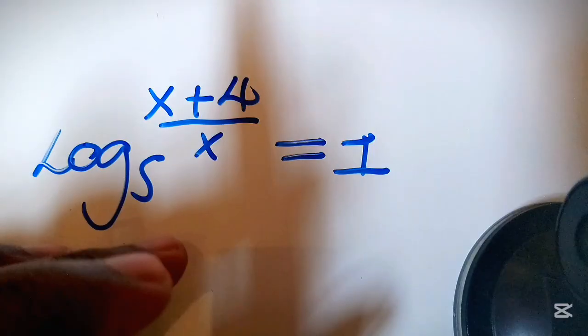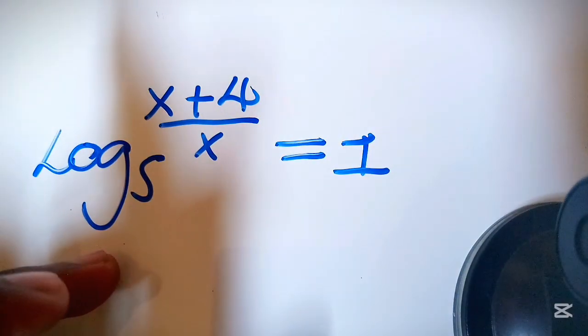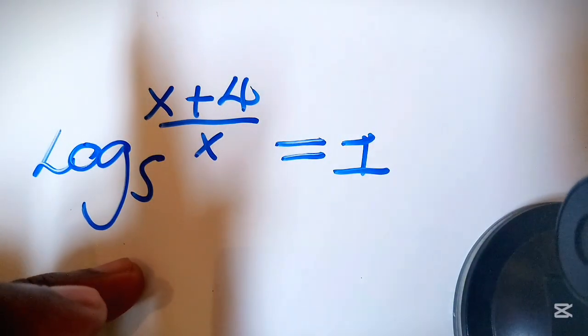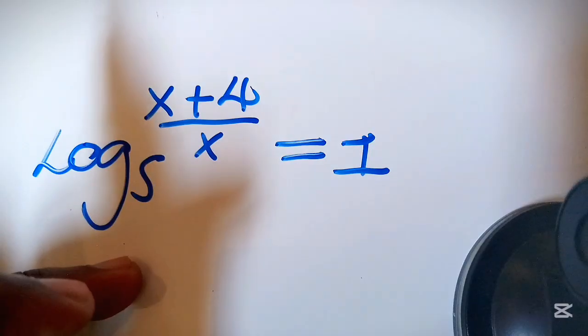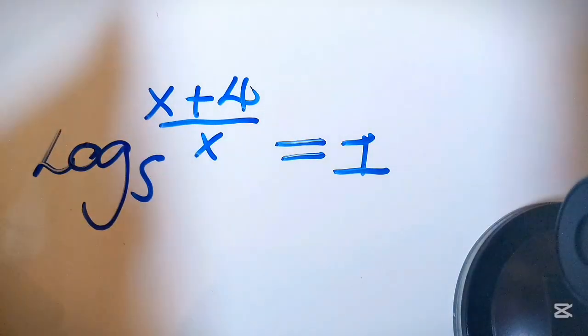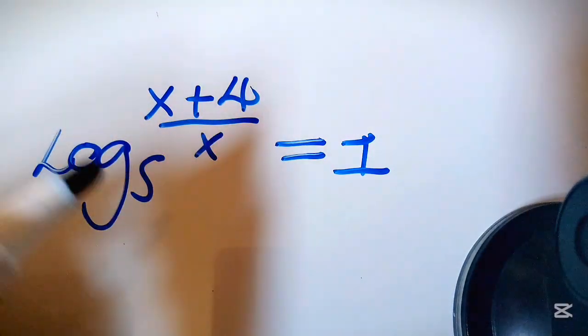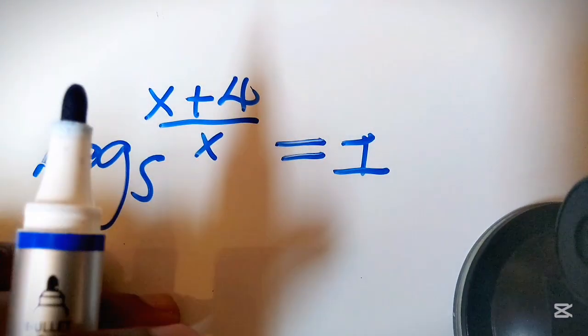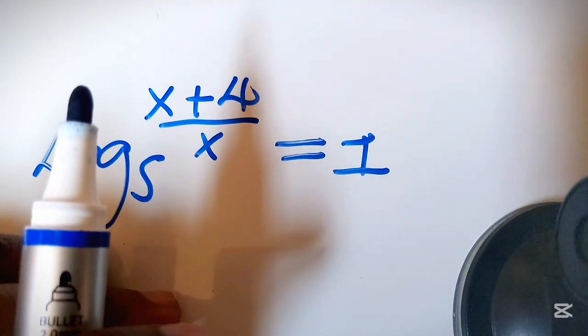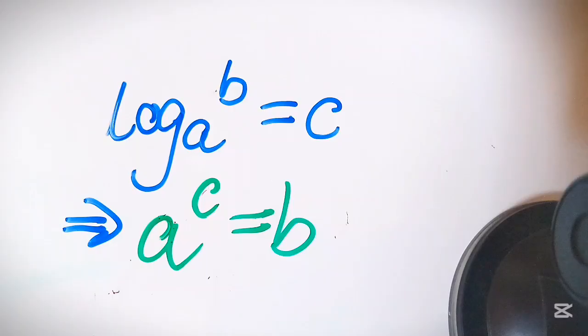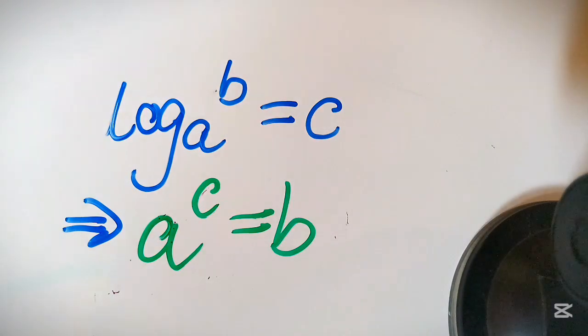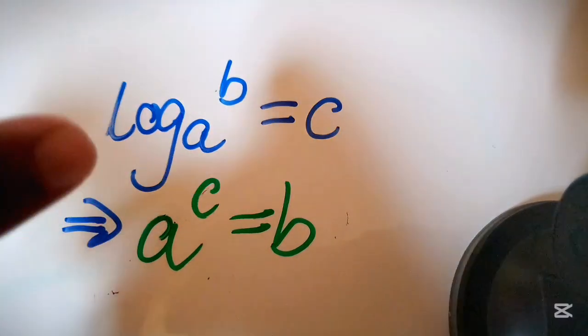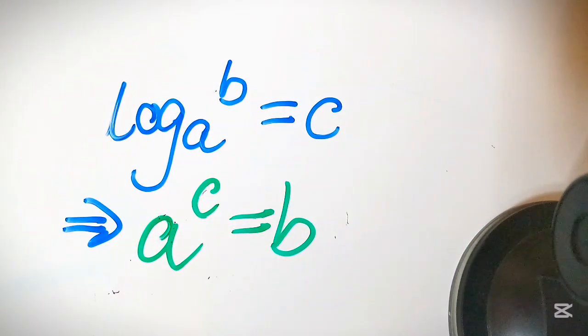Now we have to convert this logarithmic expression into an exponential expression. I talked about exponentials in one of my videos, you can check that one out. To convert into exponentials, note the following: log a of b is equal to c.